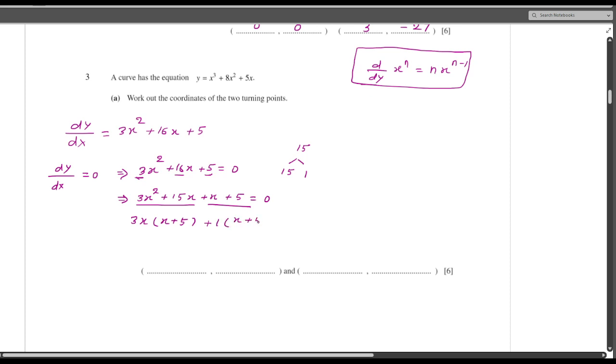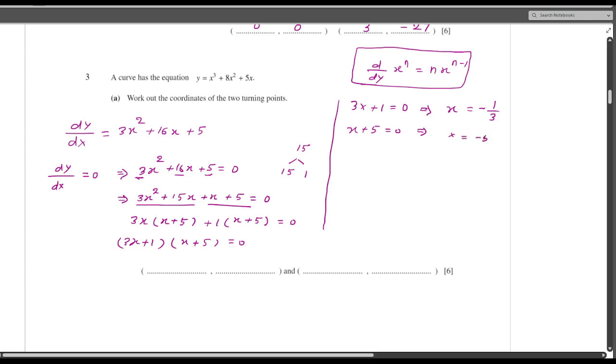So this indicates that (3x plus 1) into (x plus 5) is equal to 0. Now 3x plus 1 equal to 0 gives x as minus 1 by 3, and x plus 5 equal to 0 gives x as minus 5.